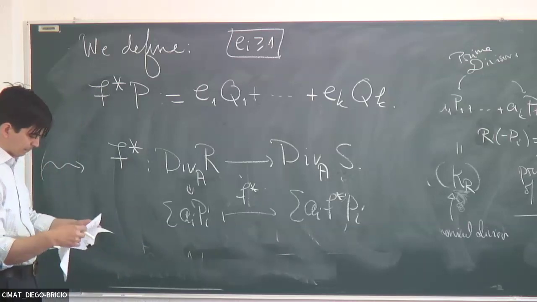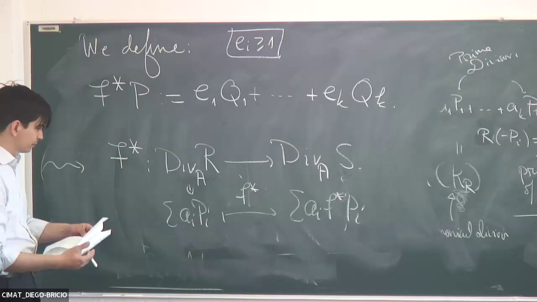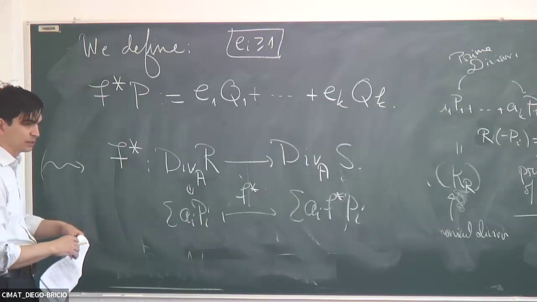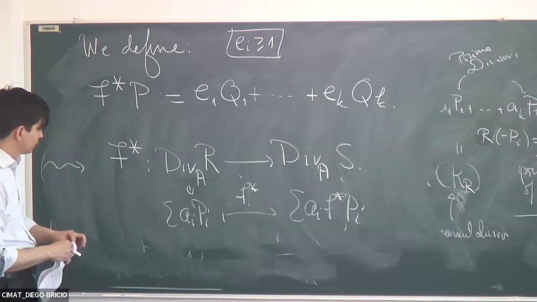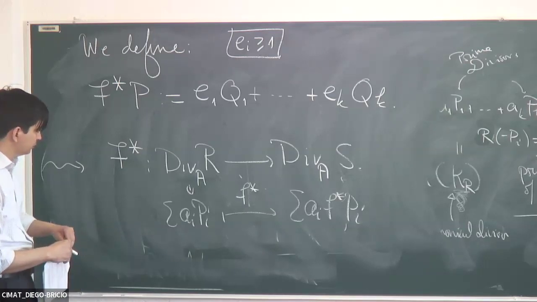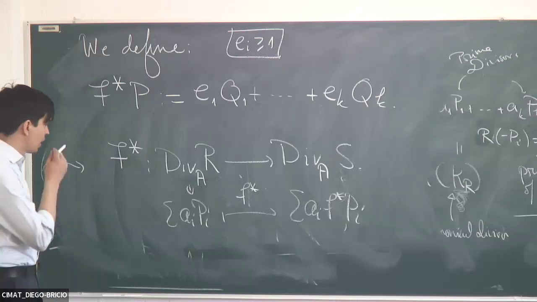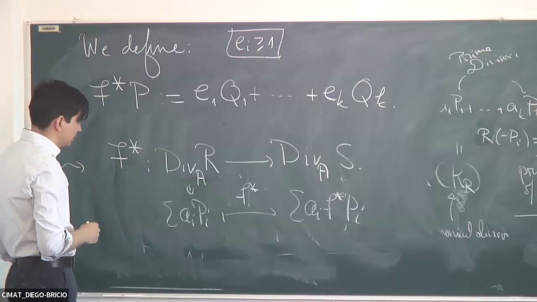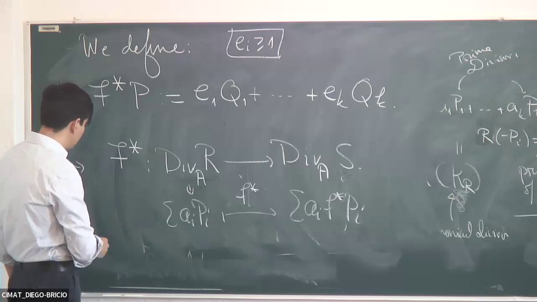Why do the divisors preserve the orientation between R and S? Preserve what, sorry? The orientation. For example, we have R and S, and if we take the spectrum, it changes the direction, right? Why is it that in the case of the divisors, it does preserve the direction between R and S? It is a pullback.